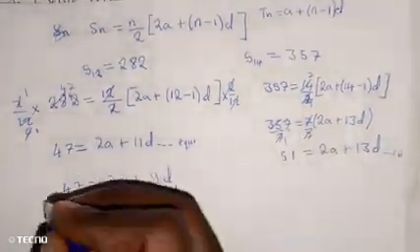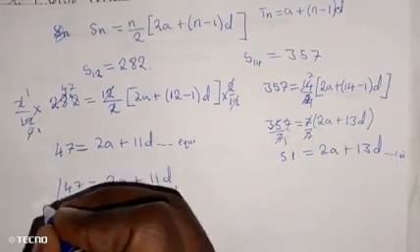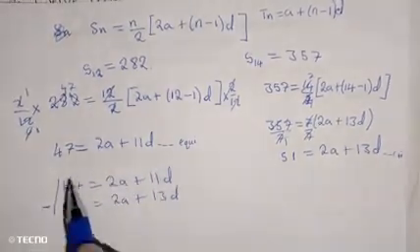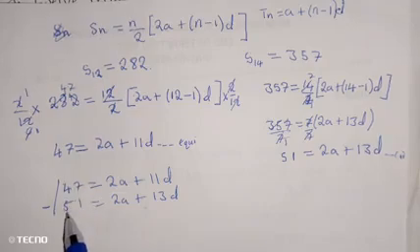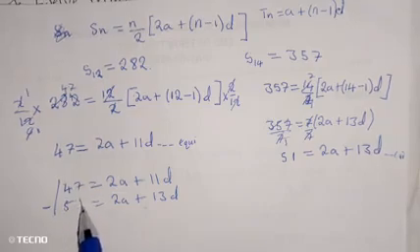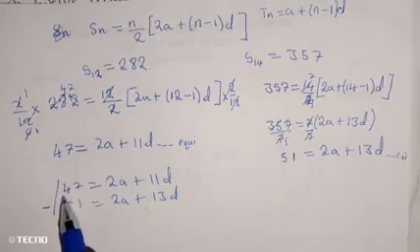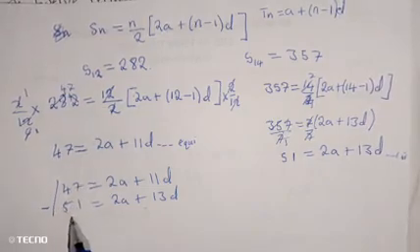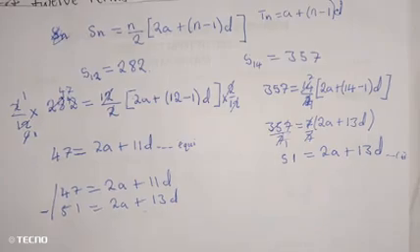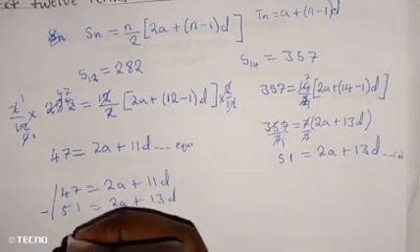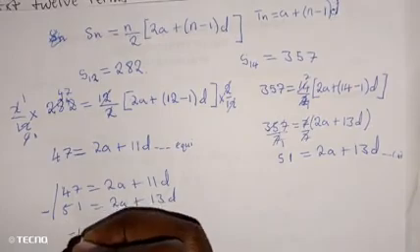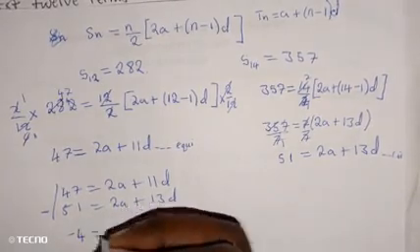Eliminating a, the operation we're going to use is minus. So 47 minus 51. What's the answer once we subtract? Here we'll get negative 4. Remember, you can use a calculator.